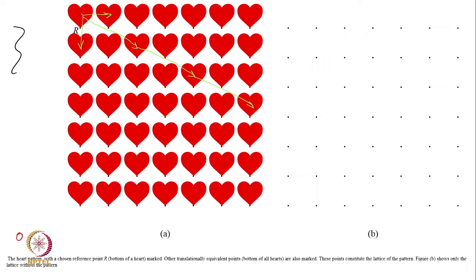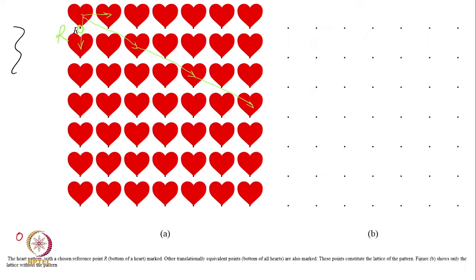Now, we want to derive the lattice. This is a pattern, this is not a lattice, but a lattice belongs to this pattern, and to extract the lattice out of this pattern, I select a reference point, which I have called R here, which is the bottom of my heart.